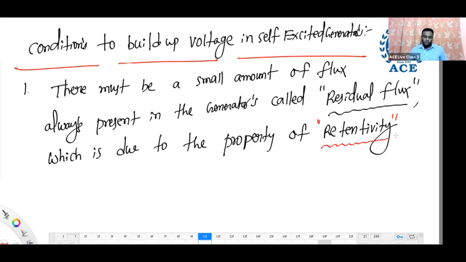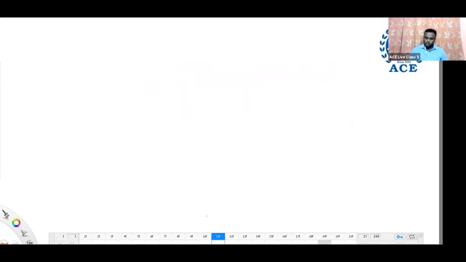Okay, now let's see how voltage will build up step by step because of residual flux. Take these two figures with neat diagrams, a little big, so that you can understand even after 20 days. Take big figures.